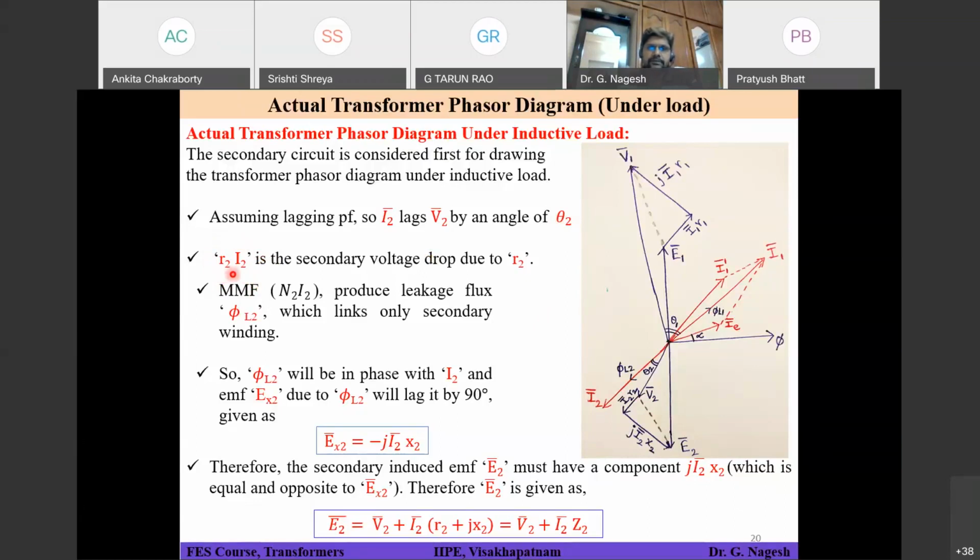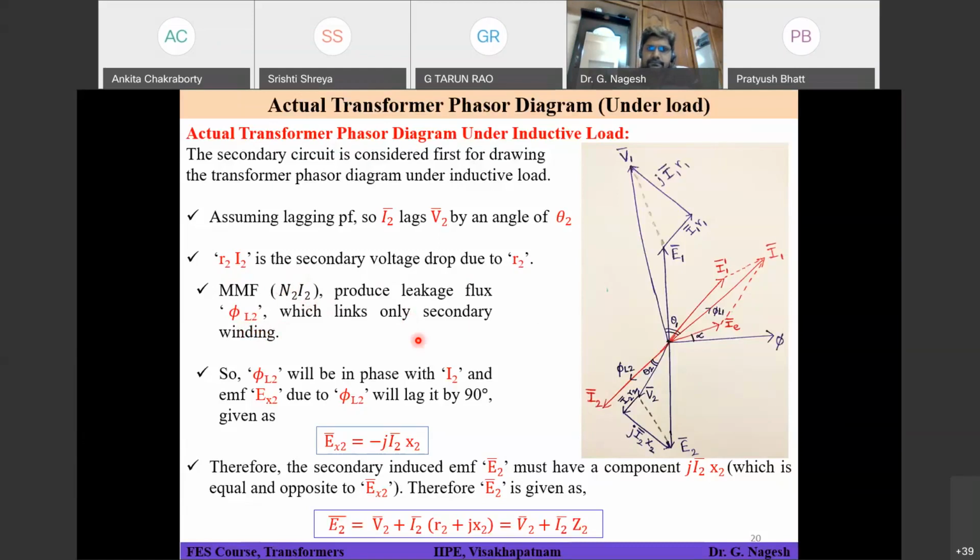So R2 into I2 is the secondary voltage drop due to resistance R2. Similar to the primary case, here also there will be a leakage flux, because MMF is generated, which is N2 into I2, and some leakage flux will be linking only the secondary winding.